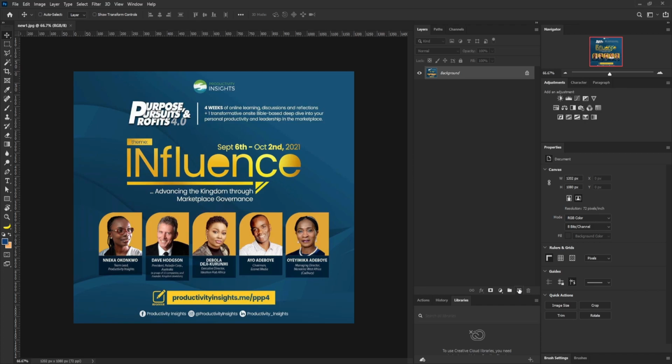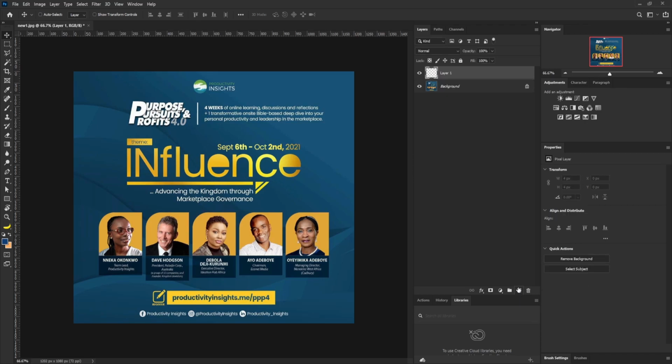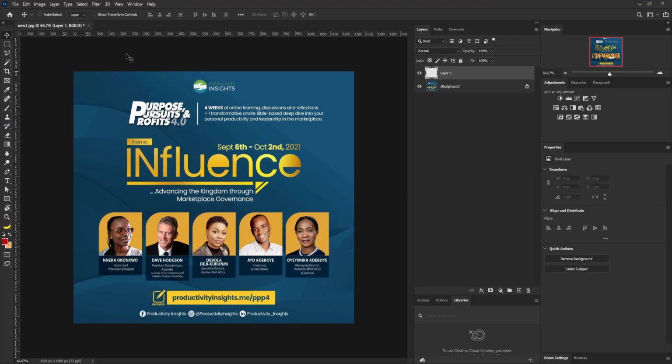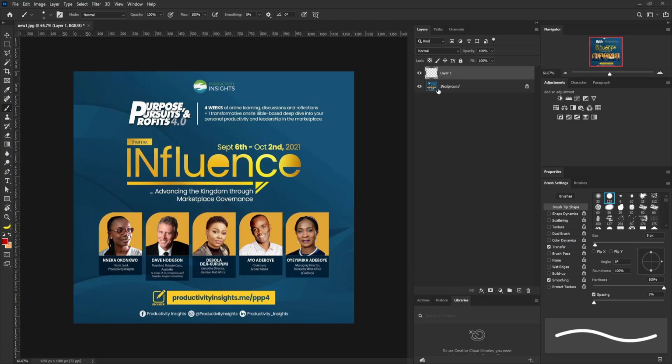But the issue I have with this design is number one, this information here. Let me change the color of my fill to red. This information here is not balanced, because I noticed that the text are overlapping each other.